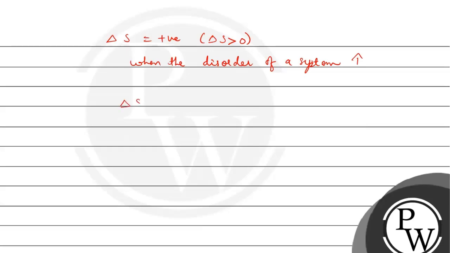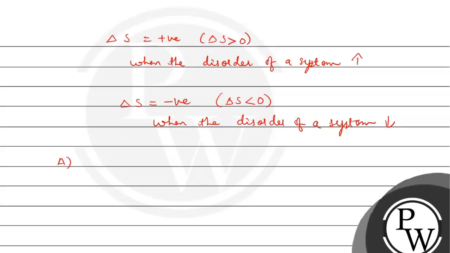So vice versa, that is delta S will be a negative value when delta S is less than 0. So this results when the disorder of the system decreases. So we'll take each process one by one and try to understand.